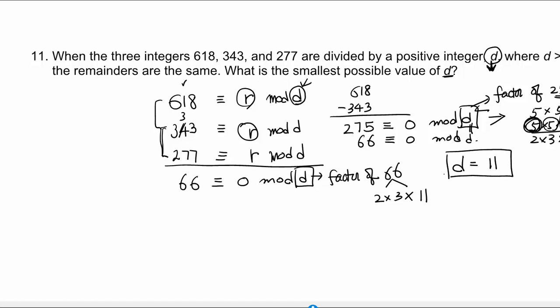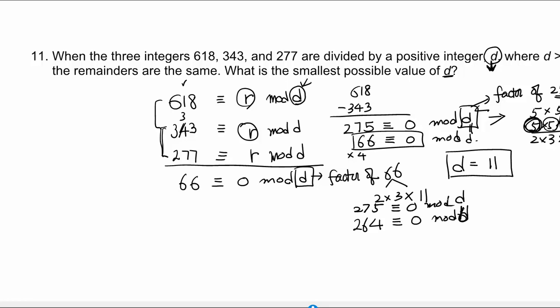Alright, or maybe you can multiply this one by 4 again, okay? 66 times 4 is what? 264. Then 0 times 4 is 0 mod d. The other one is 275, 0 mod d, okay? This is mod d, right?